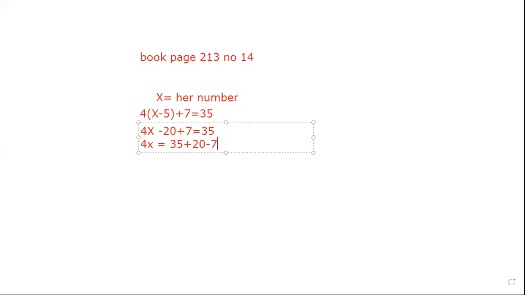So 4x equals 48. And then we will divide both sides by 4. So the answer will be 12. Right? The number was 12. Okay?